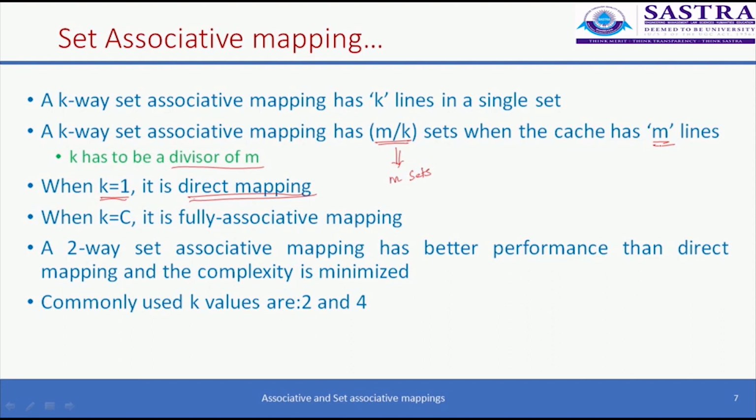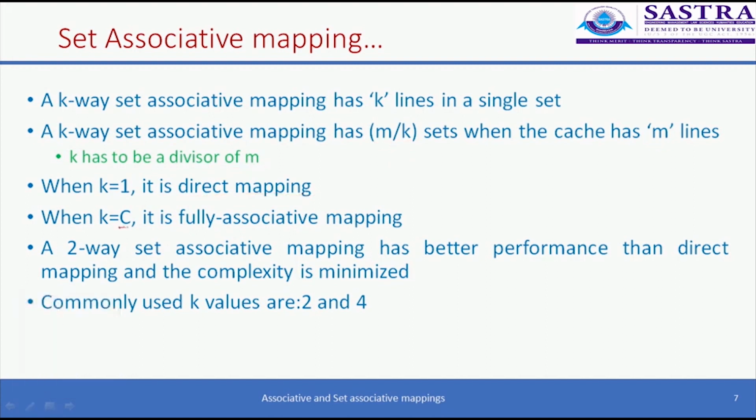This is very similar to direct mapping. Here set has no meaning, set has only one line. So, the block will be mapped on that line only, it has no freedom to be mapped on any more line. So, this is direct mapping.